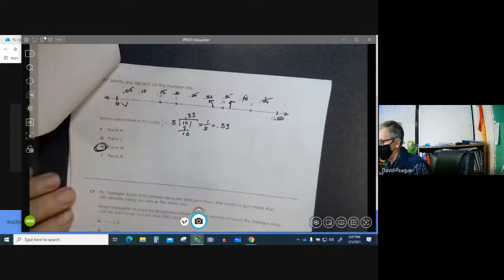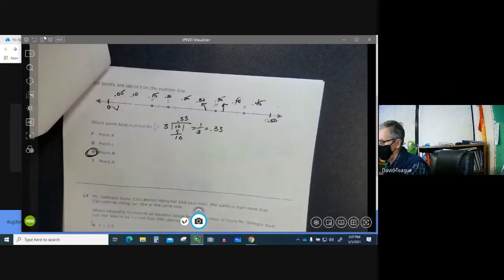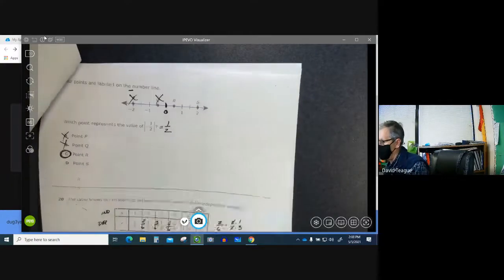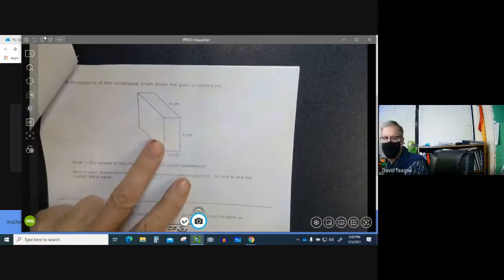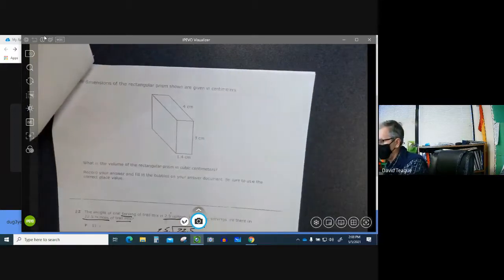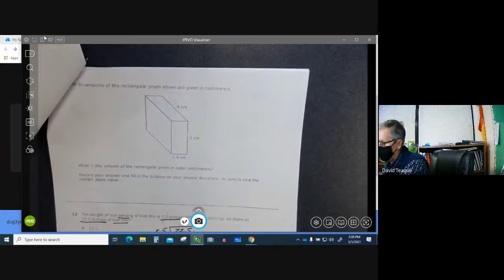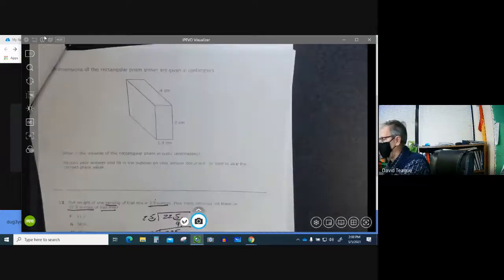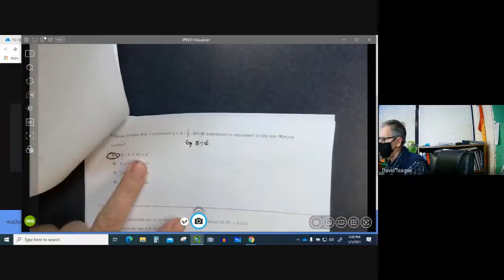This is reading number lines. It's percents again. That's absolute value. This was volume. I don't think very many people had trouble with that. I was happy with that. Okay, what's next? This is just watching your properties and understanding how you can move numbers around.